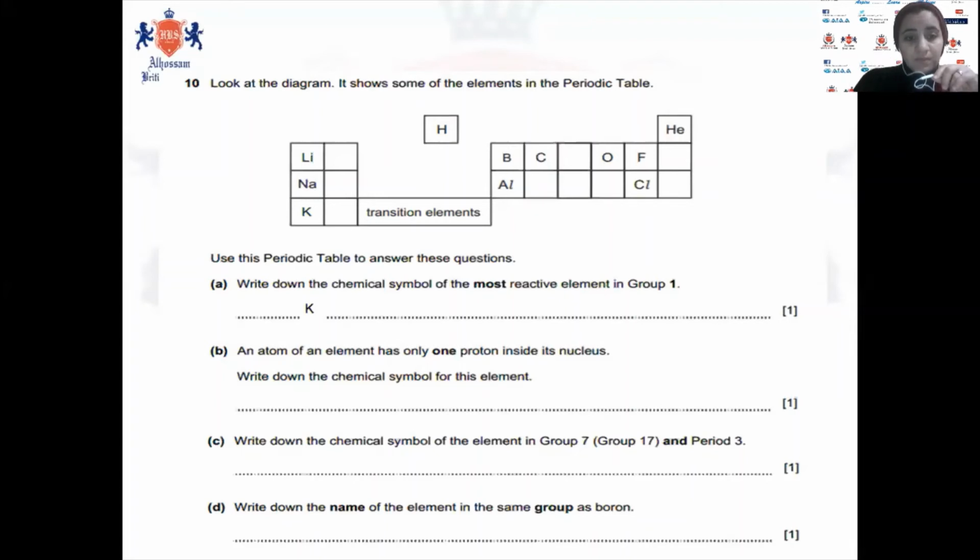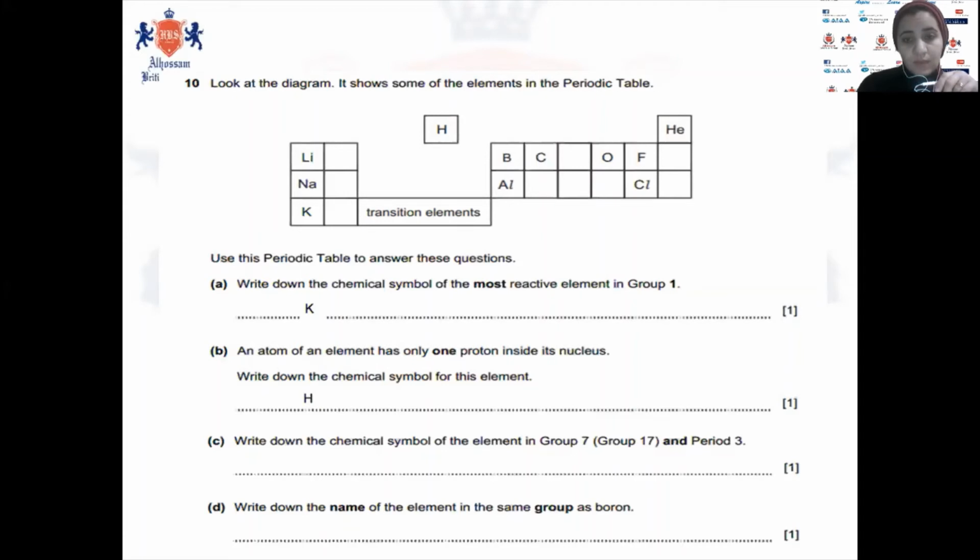B. An atom of an element has only one proton inside its nucleus. Write down the chemical symbol for this element. H, which is hydrogen. Excellent. C. Write down the chemical symbol of the element in group 7 and period 3.